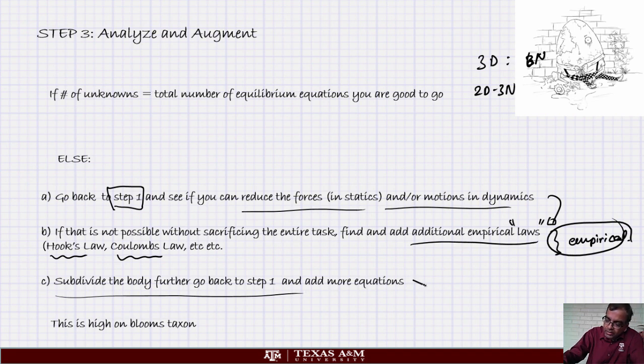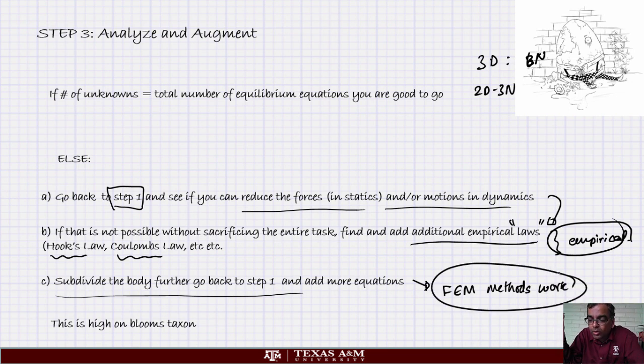And by the way, this is how finite element methods work. They will take a body and divide it into millions of pieces, not 2 or 3. For each piece, they will write equations of equilibrium or the equivalent. Then they will see if they have enough equations for unknowns, add all these empirical things and do it.